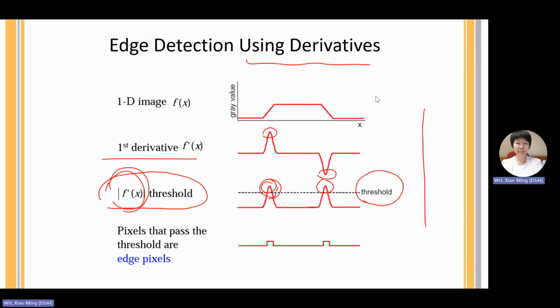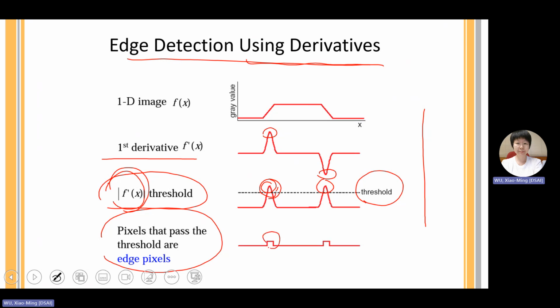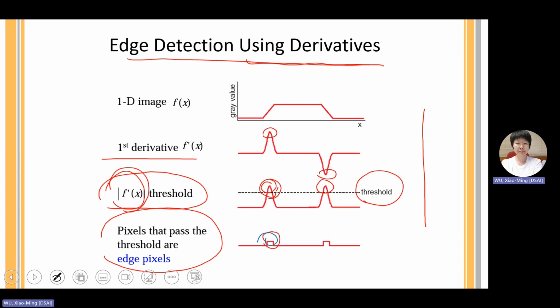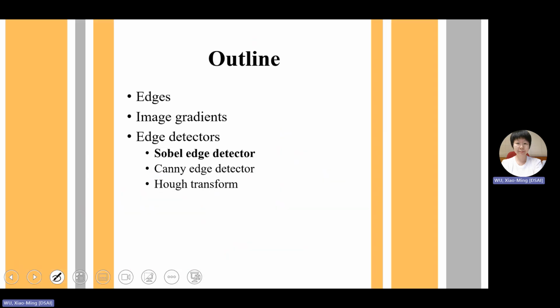So that's how we do edge detection using image derivatives. Only the pixels that pass the threshold are considered edge pixels, and the rest are not because their derivatives are simply below the threshold.